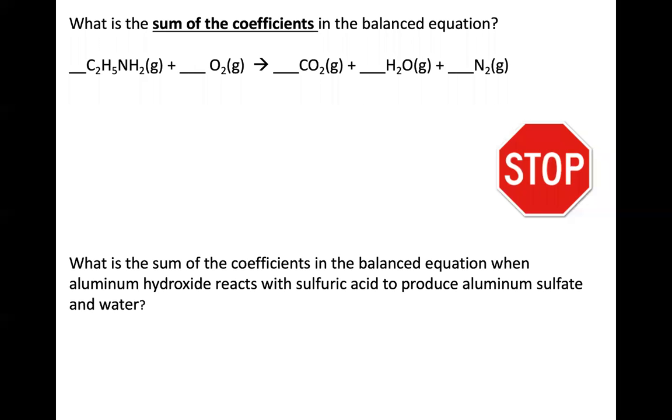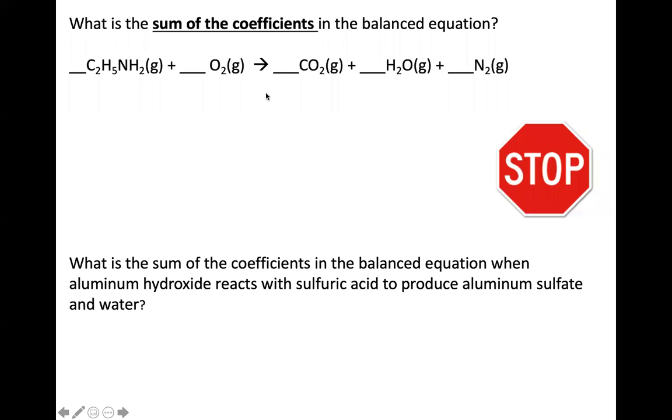The reason we're asking that is we don't want to give you 4 choices and you check all of them. We want you to go through the process and then tell us something about it. Usually we'll have you add up all the coefficients for the whole thing, or for the reactants, or for the products.